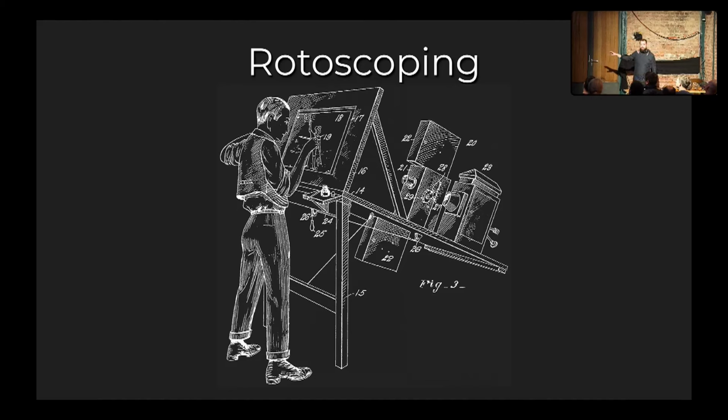Another thing we saw in this clip beforehand were effects done by the process of rotoscoping, which, in general terms, is painting over the image in some form or another. Rotoscoping can be used to create masks, but it was also especially heavily used for all these effects with laser shots, energy beams, things like that, which also allowed people to work quite fast. I've put here the image from the US patent of the rotoscoping process and the mechanics behind it, because the whole process was patented until 1939.